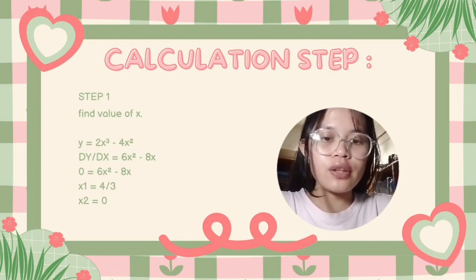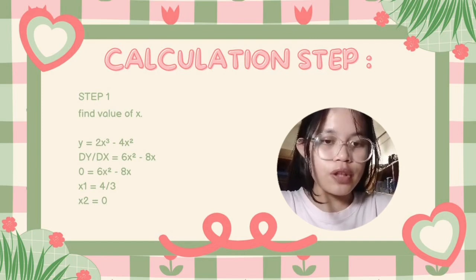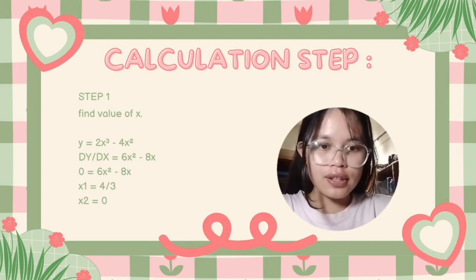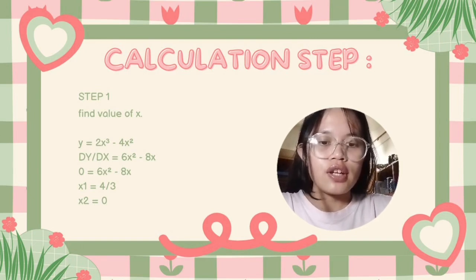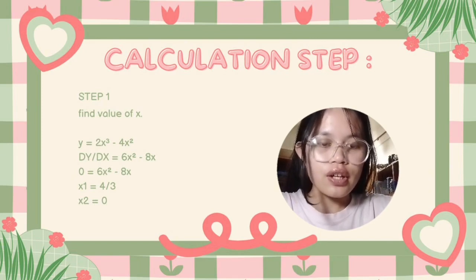We solve dy/dx first, and in the end we got 6x to the power of 2 minus 8x. Then we solve that expression with EQN on the calculator. In the end we got x1 equals 4 over 3, x2 equals 0.